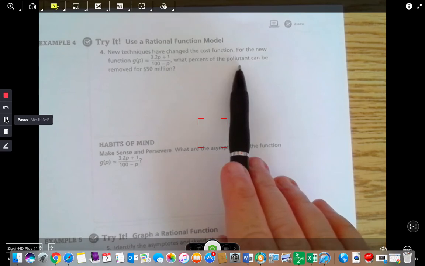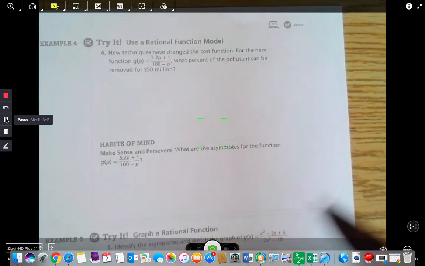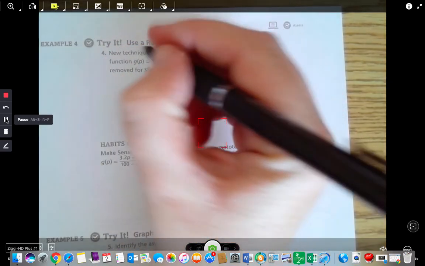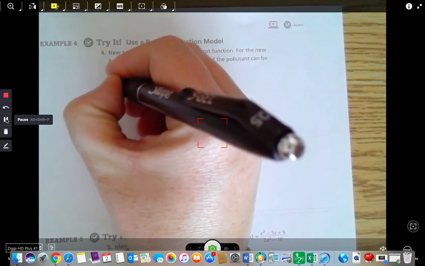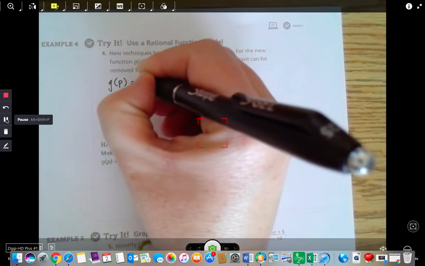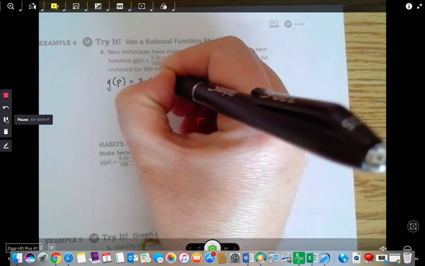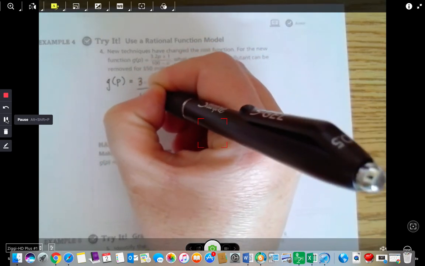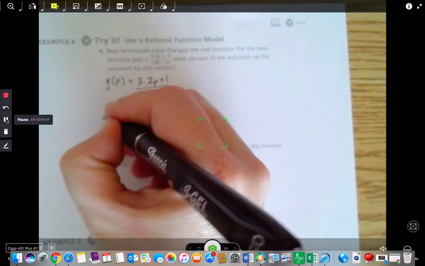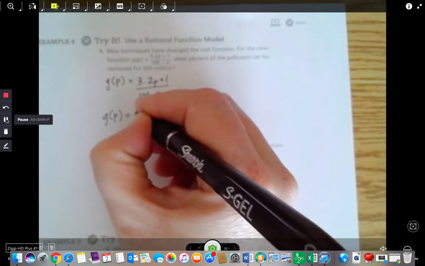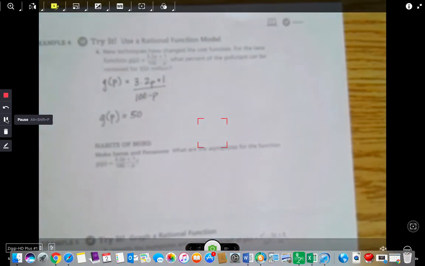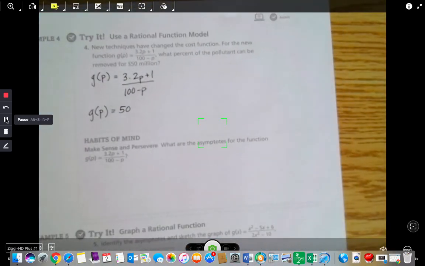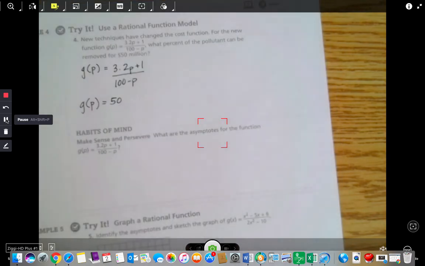What percent of the pollutant can be removed for $50 million? So G of P is equal to 3.2P plus 1 over 100 minus P, and G of P is equal to $50 million. They're trying to figure out how much percent of the pollutant we could get rid of for $50 million.